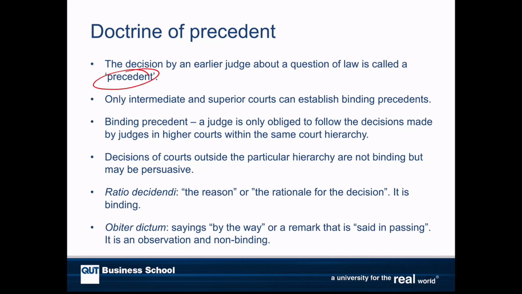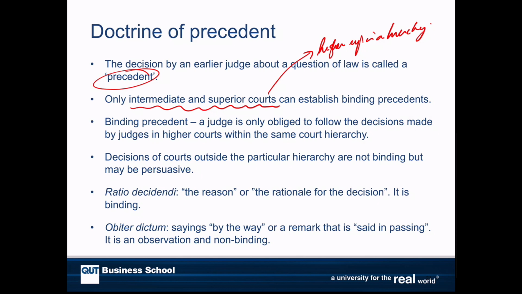Now, when we're talking about precedent, we also have to realise that it's only the intermediate and superior courts. What does that mean? That means the courts higher up in a hierarchy can establish binding precedents. Why? Because it's only binding on those below them. Okay, so it has to be in one of the superior courts or the intermediate courts.